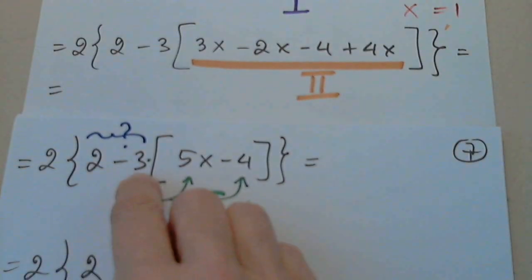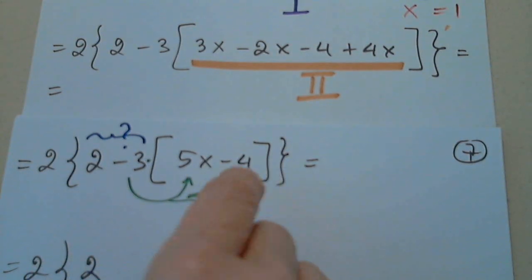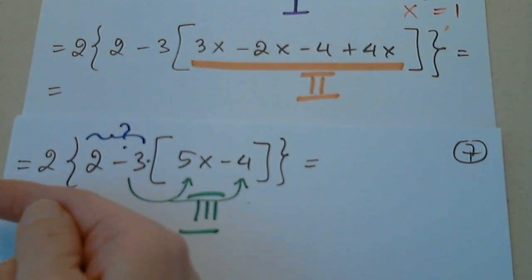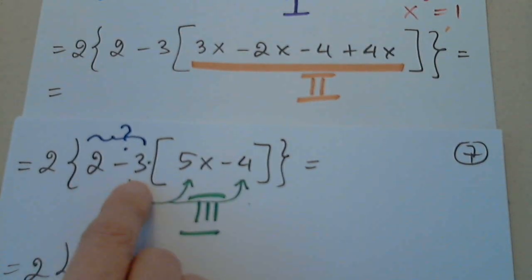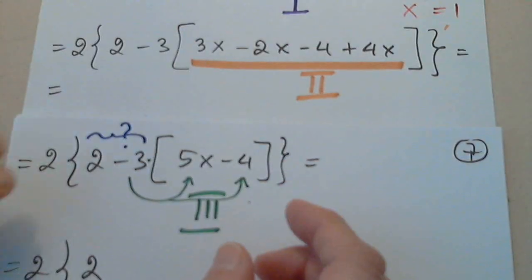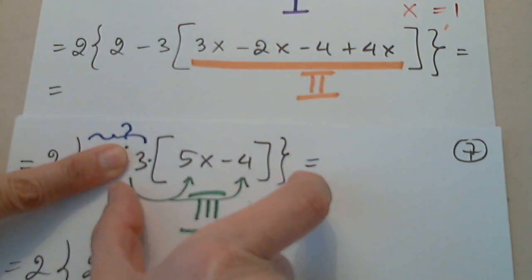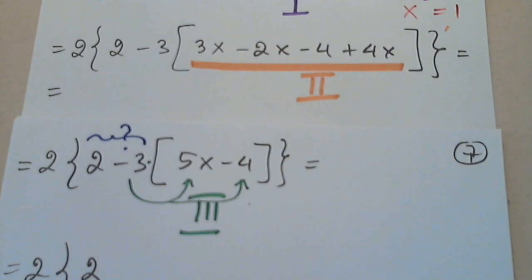Because 3 is connected by a stronger operation to this side and a weaker operation on this side. That's the reason why we can never, ever, ever perform 2 minus 3. Because 3 is multiplied here. So by the order of operations, we have to multiply first and then subtract. So please distribute negative 3 to these two terms and tell me what to write.